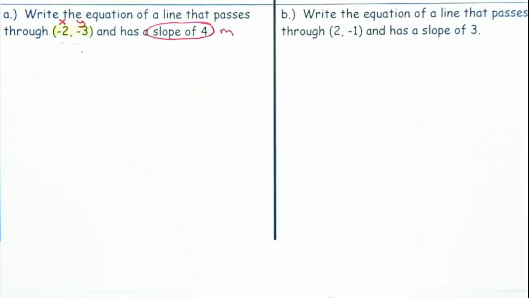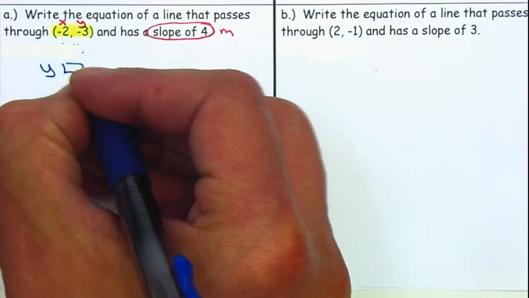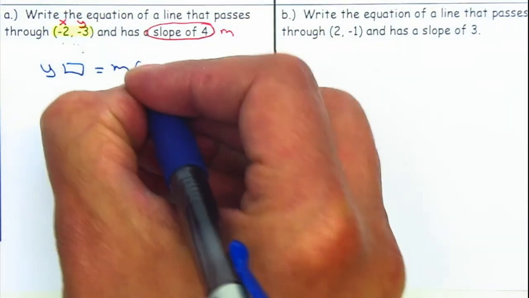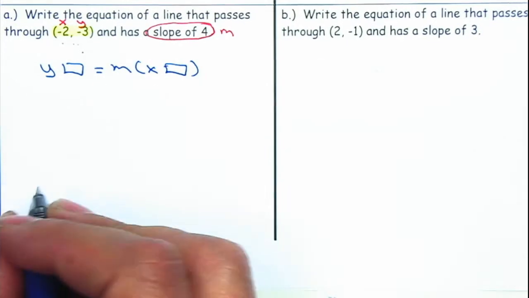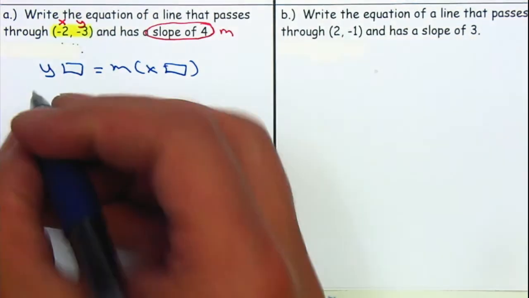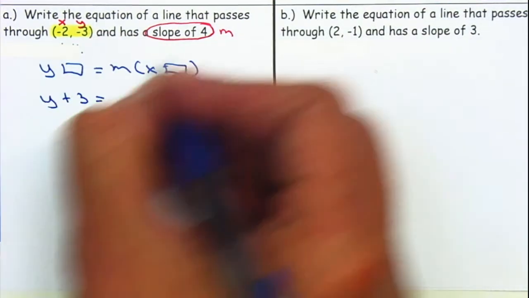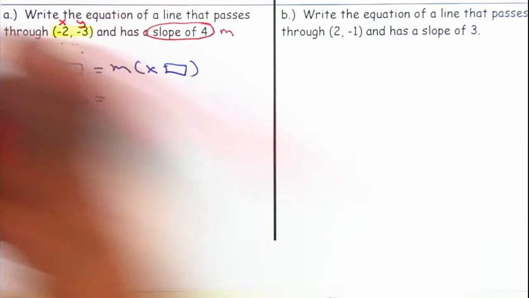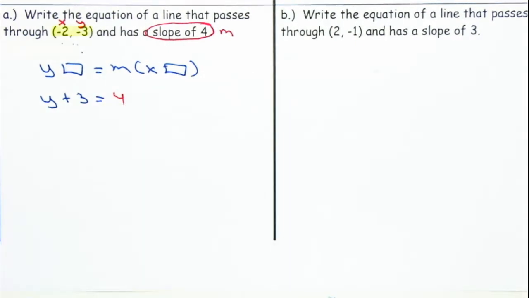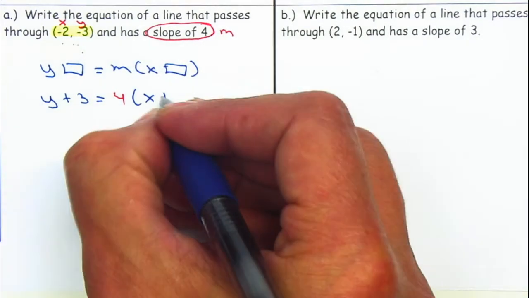Let's go ahead and write your equation. y box is equal to m x box, where we're going to place the opposite. So y, the value of y is negative 3, so it'll be positive 3. Your slope will be 4. Then it will be parenthesis x. This is a negative 2, so it'll be positive 2.